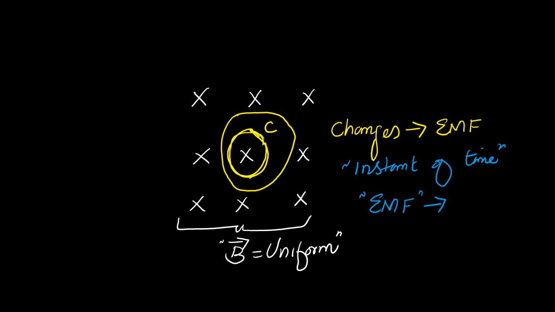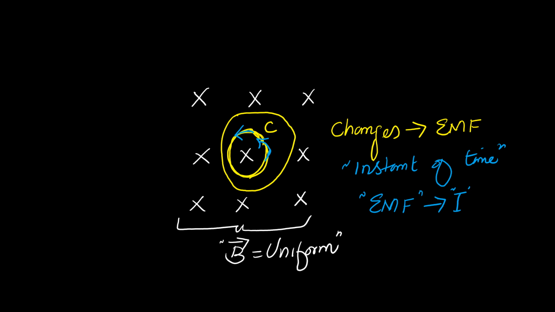And whenever there is a generation of electromotive force, there will be an induction of current in the wire. So current will be induced whenever there is a continuous change in the shape of the wire.